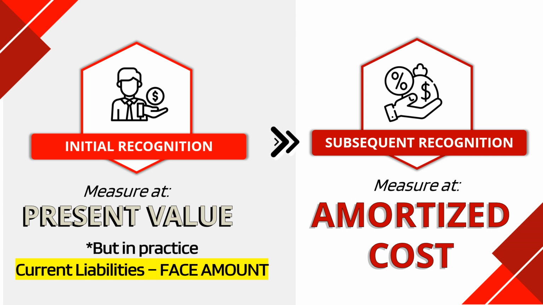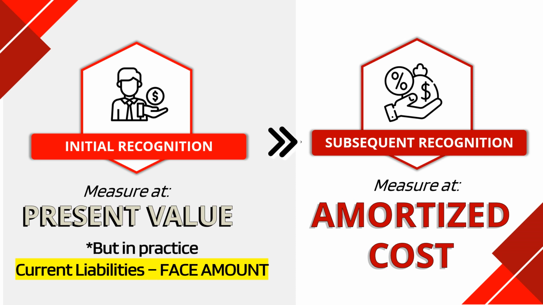So, in terms of measurement, generally, current liabilities are initially measured at present value. What does present value mean? What they do is look at the expected cash flows from that particular liability. So, let's say in the form of a bond, right?